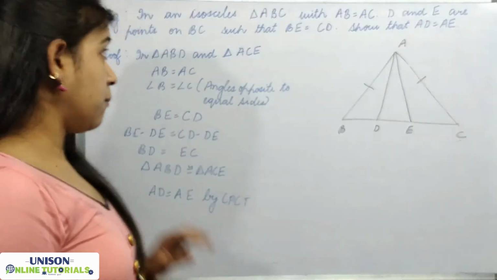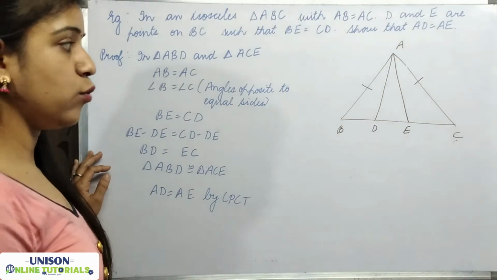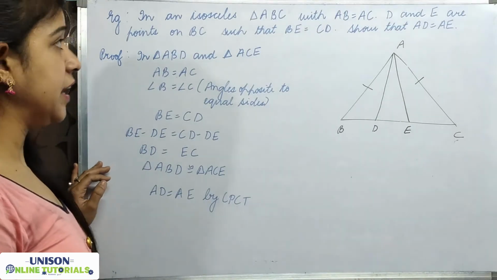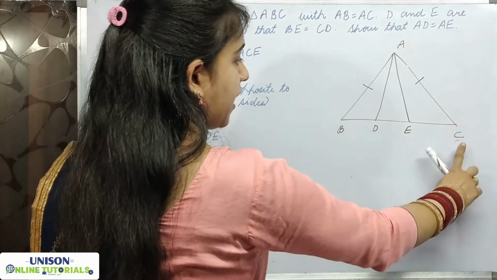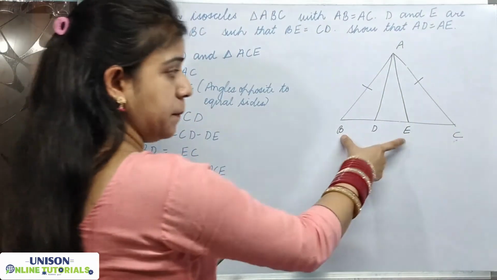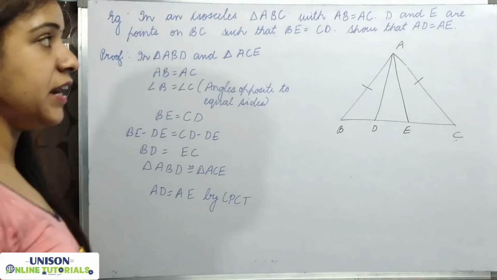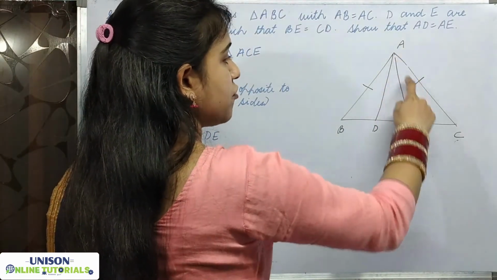Let's take another example. In an isosceles triangle ABC with AB equals AC, this is given, and D and E are points on side BC such that BE equals CD. Now we have to show that AD equals AE.